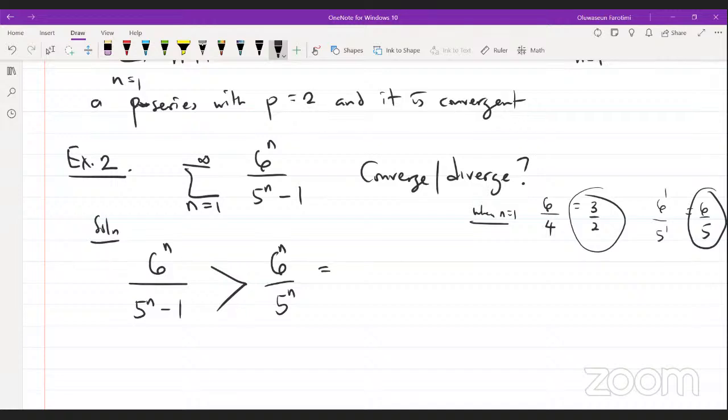And now you have n on the top, n on the bottom with the powers. Remember how you're doing this. Got something like this. Now, can I actually make sense of this? Sometimes you got to do some manipulation. This kind of looks like the geometric series.